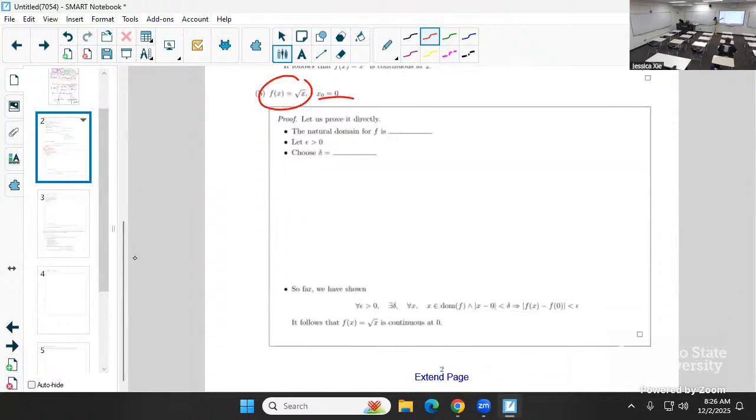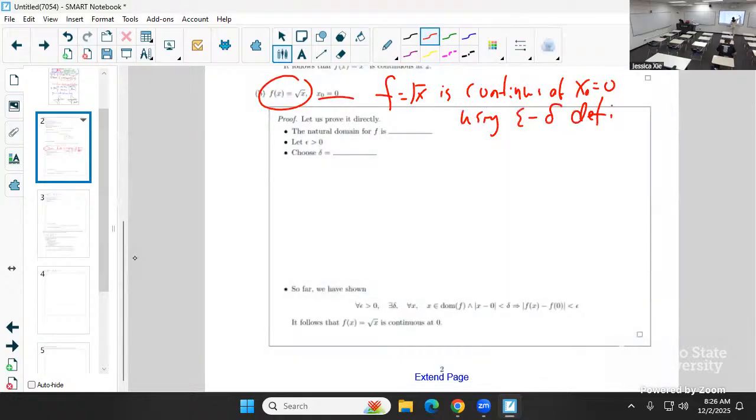What do you need to show? You need to show f is continuous at x naught equals 0 using the epsilon delta definition.